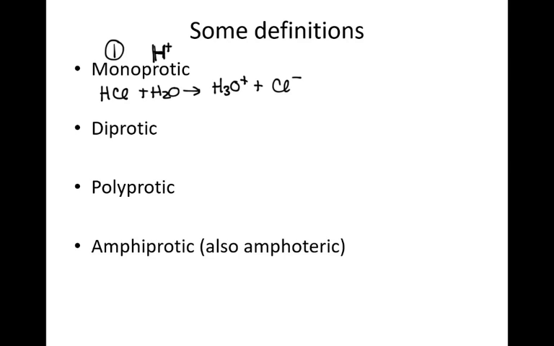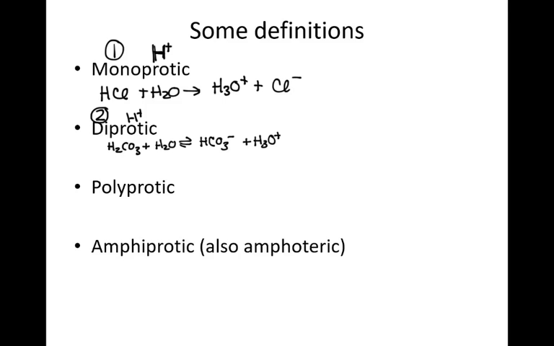A diprotic acid can lose two protons. And we think about those happening in separate subsequent reactions. So for example, carbonic acid can react with water to form the conjugate base, hydrogen carbonate, and H3O+.